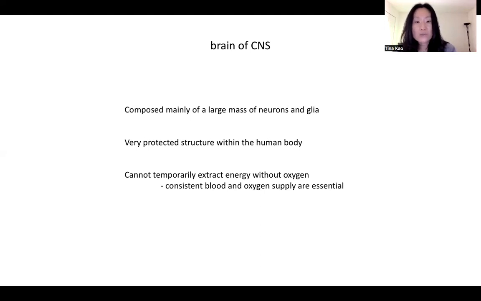We can't extract oxygen or energy from the brain. We need a consistent supply of blood, which brings in oxygen. And so, if we're deprived of this oxygen for seconds, we can go unconscious, lose our awareness, and greater than seconds, even minutes, ultimately can result in death.